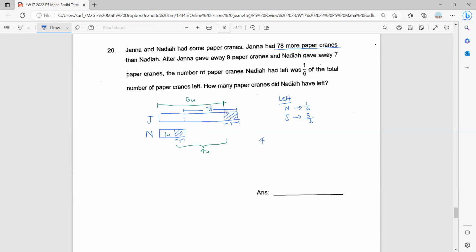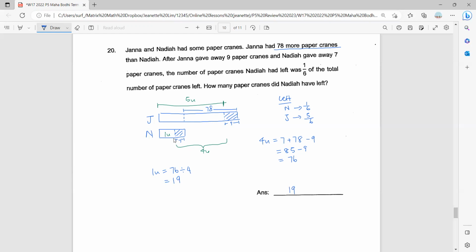Okay, so 4 units is 7 plus 78 minus 9. 85 minus 9, 76. So let's find 1 unit. 76 divided by 4, which is 19. How many paper cranes did Nadia have left? Nadia is only left with 1 unit. Then the answer is 19 paper cranes.